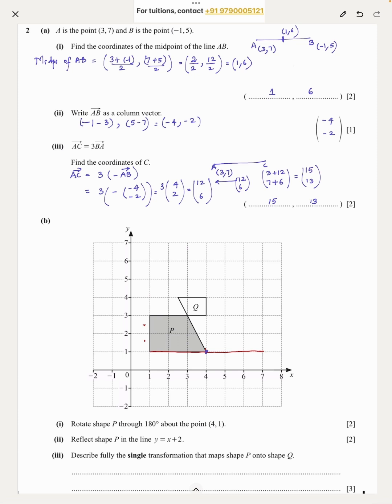Instead, I think I can have the coordinates named: B, C, and D. Now I have moved this, vertex A has come here. So A dash, let me name it as A dash.